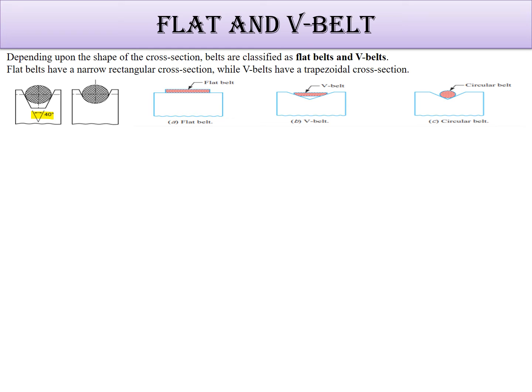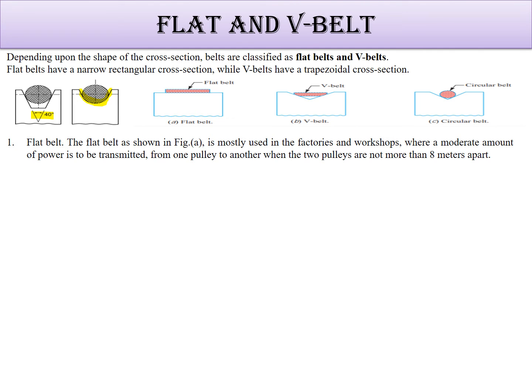Okay, in this the curve is circular. Here you can find more contact area, and it will give more power transmission also due to the friction. This is the flat belt, this is the V belt, and this is the circular belt. Circular belt is not in our syllabus, but I am just showing you what type of belt it is.